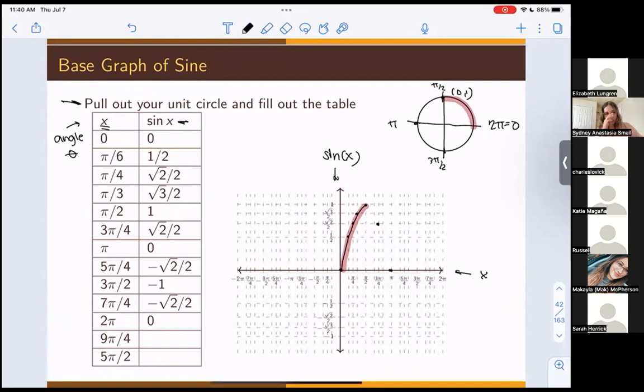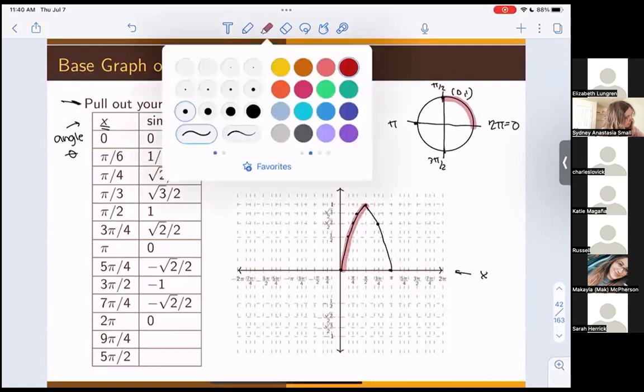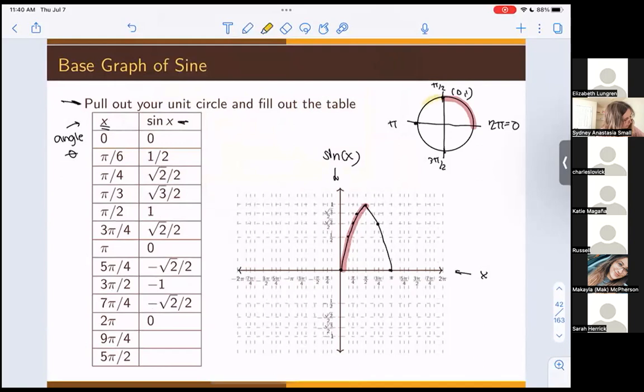We are sitting on the X-axis. It is an X-intercept, so the sine will be 0 when we do that. So it makes sense that the curve will go back down like this because those y values on the unit circle are also just going back down. So this part of the circle here is this part of the graph.